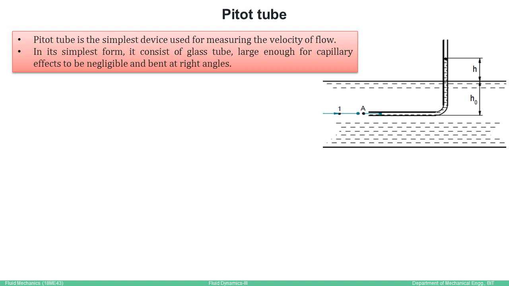In its simplest form, it consists of a bent glass tube so that the capillary effects are negligible, and one limb of the tube is called the body, which is inserted into the flow stream and aligned with the direction of flow, while the other limb is called the stem, which is vertical and open to atmosphere.